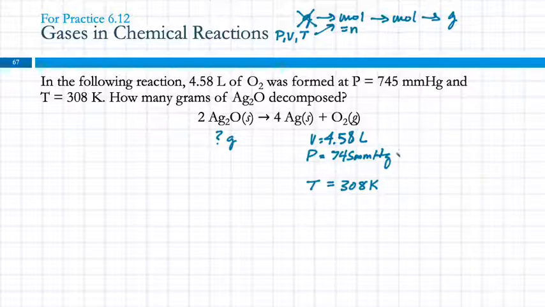So I've got my pressure in millimeters of mercury, and it's got to be in atmospheres. So I have to convert that. That's 0.98026 atmospheres.